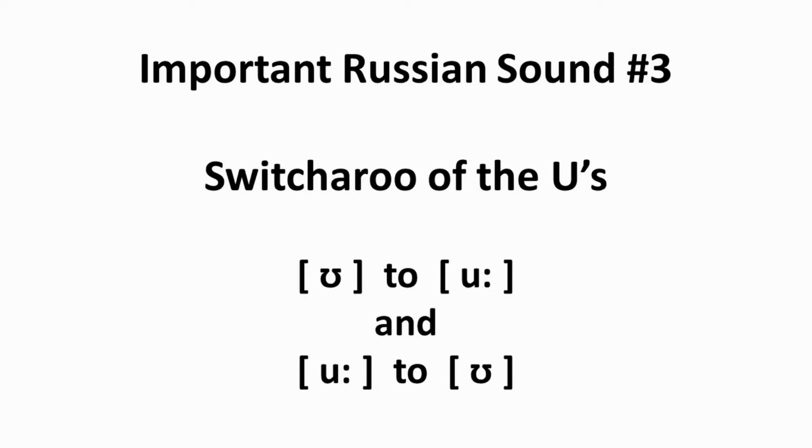Important Russian sound number 3, switcheroo of the U's. This sound is actually 2 changes in one. First, Russians will take the U sound in words like could, should, and would, and pucker more, turning into the tighter oo sound.